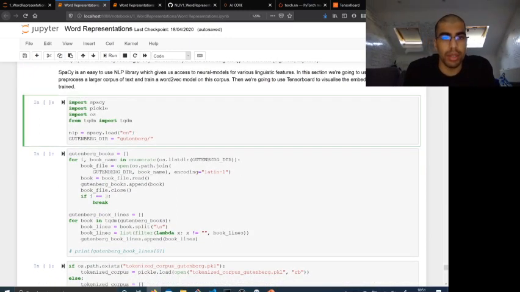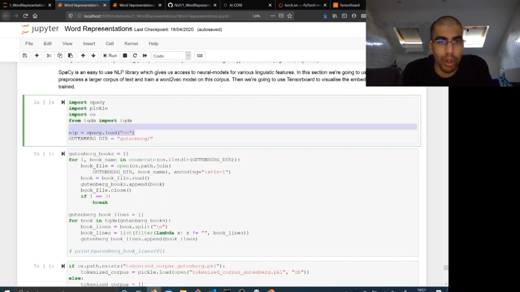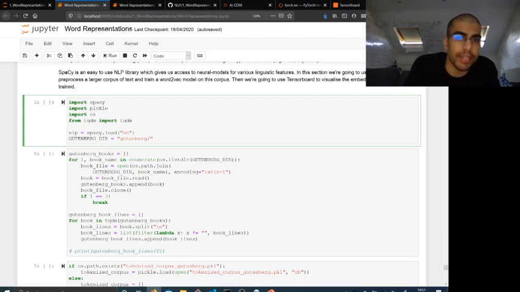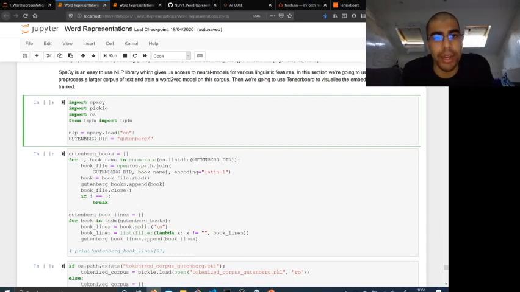So we're just going to load in some imports. This is the important one: nlp equals spacy.load en, and en is the language model which I asked you guys to download earlier.